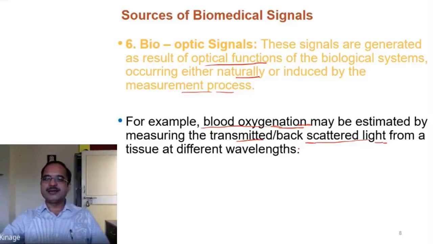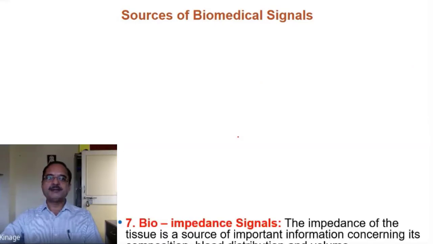The light is incident and the scattered light is measured, and the measurements from the scattered light give us the information like the oxygen content and so on. So those are these optical signals, bio-optic signals.